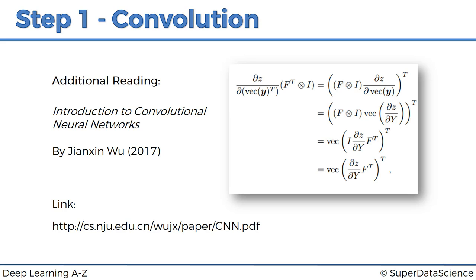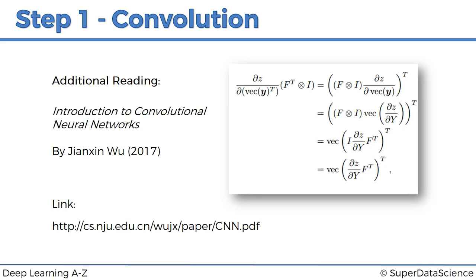So the mathematics there should be accessible. I actually emailed Professor Jianxin Wu, and he said his whole goal is to break the complex things down so that people who are new to this field can understand. And also he mentioned that he's got some materials available on his homepage.